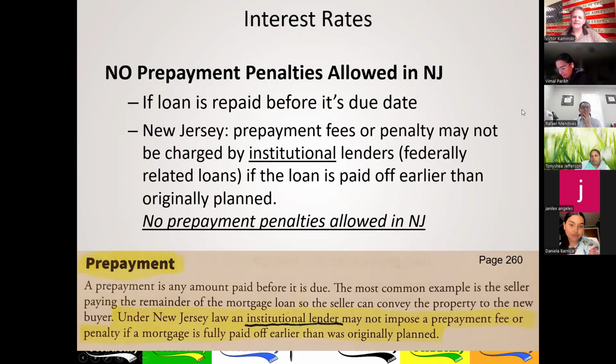Everybody got that highlighted? That's what you need to know for exams. No prepayment penalties allowed in New Jersey, even though technically there are situations where you can charge prepayment penalties, but not by banks or those types of lenders, only by private lenders.